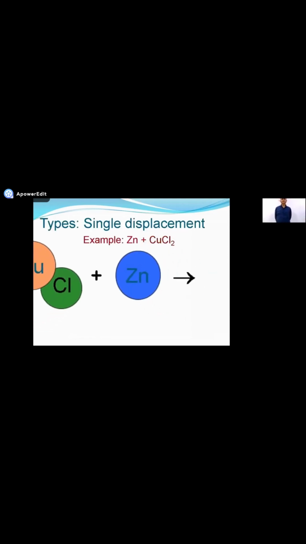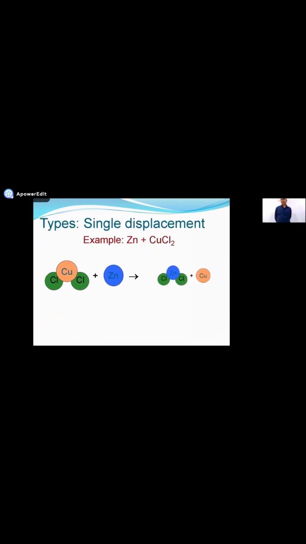So the same concept, displacement. Now I hope that you have understood. Zinc will displace, zinc will kick off rather, copper. Okay?